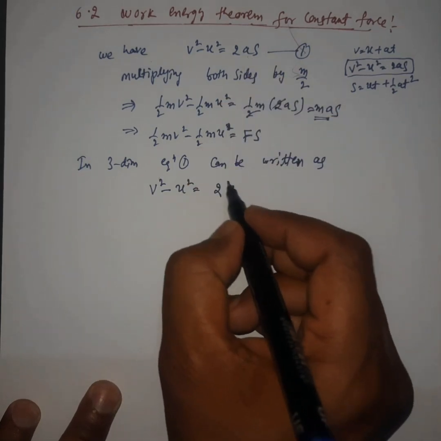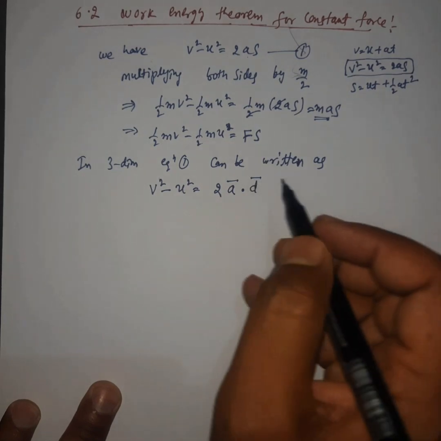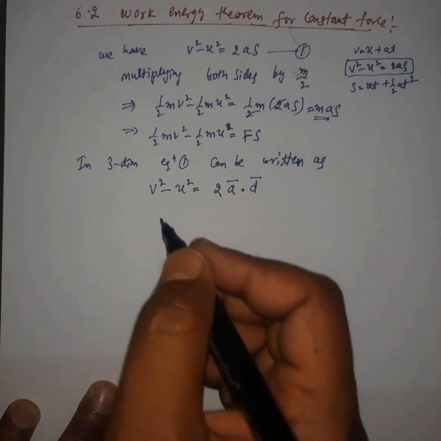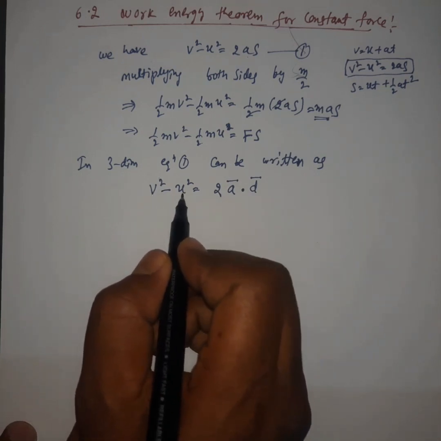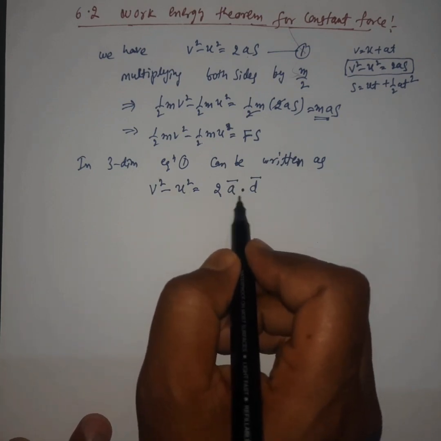Here acceleration is a bar, and s is displacement, so I am taking the displacement vector d bar. Here v is final velocity, u is initial velocity, a bar is acceleration vector, d bar is displacement vector.